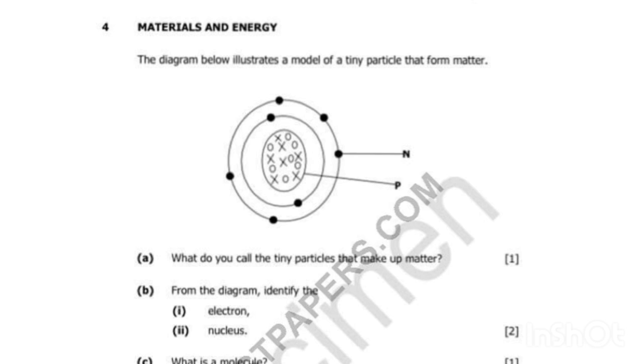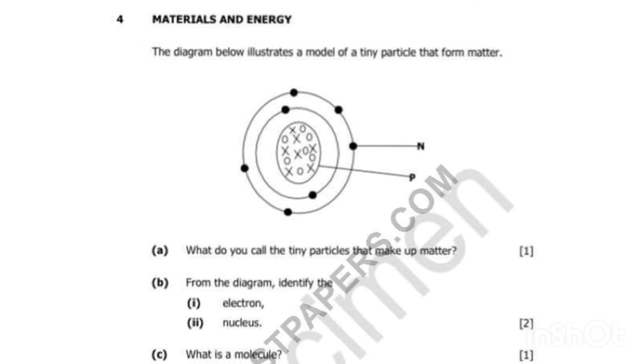The tiny particle that forms matter is actually an atom, because an atom is the smallest part of matter. This is the building block of matter. Matter is made up of tiny particles called atoms. So now we have been given an example of this atom. What do you call the tiny particles that make up matter? The answer is atom.